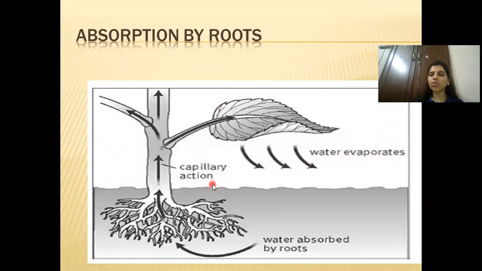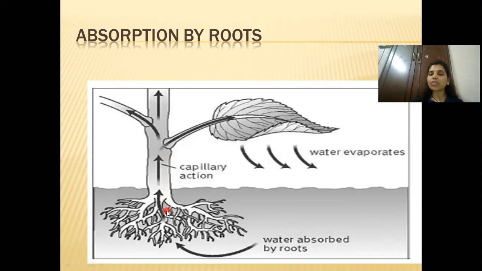So, as you all know, when plants want to carry out various metabolic activities like photosynthesis, they need water to carry out that process. For different repair and protection, they require certain enzymes to be produced, and for that, they require different minerals.